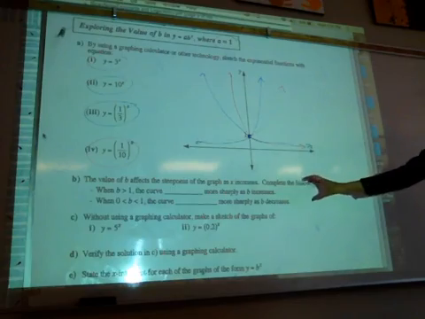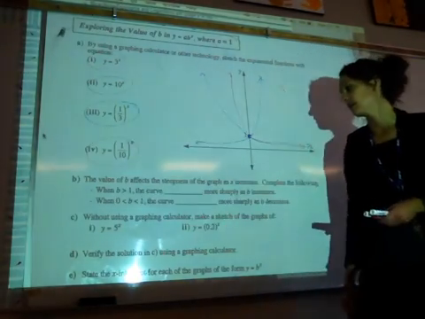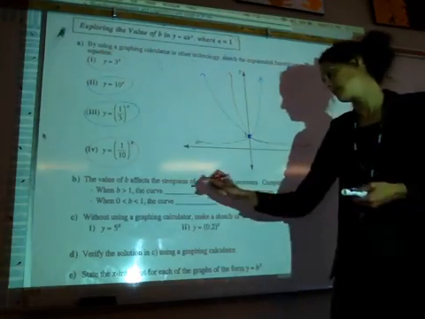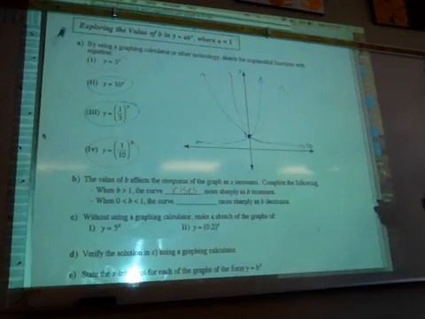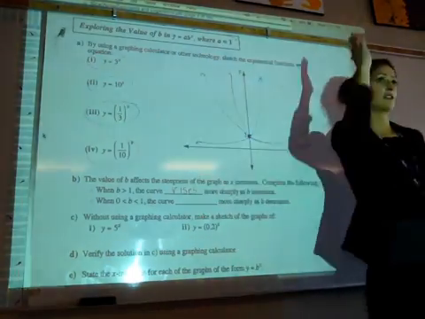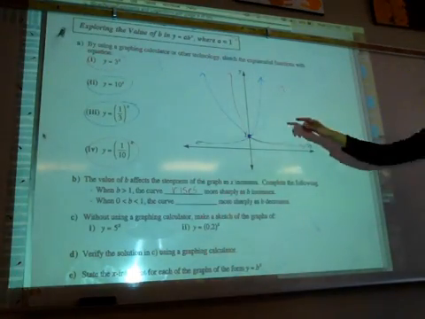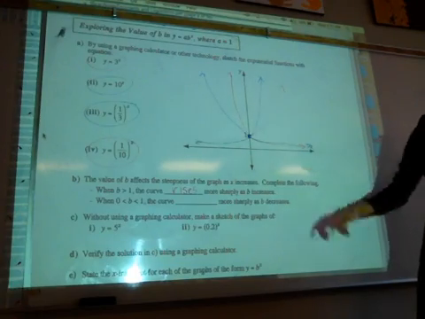So let's just talk about a few of these effects. If B is greater than 1, the curve rises more sharply as B increases. Okay, so we talked about that already. If B is a greater value, it's going to increase sharply, so it's going to have a steeper incline than it would if it was a 3.